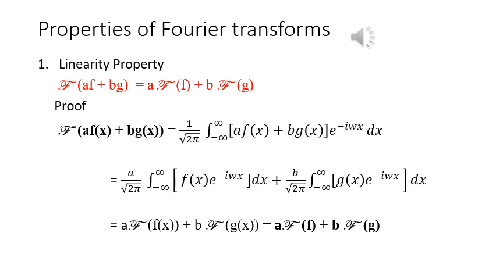Now, what is 1 by root 2 pi integral minus infinity to infinity f of x e raised to minus i omega x dx? It is the Fourier transform of f of x. Similarly, the part of g of x. Therefore, our answer becomes a into the Fourier transform of f of x plus b into the Fourier transform of g of x.